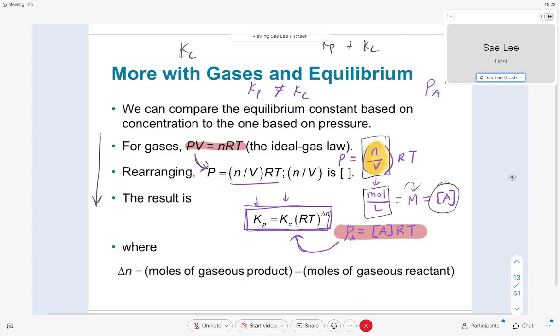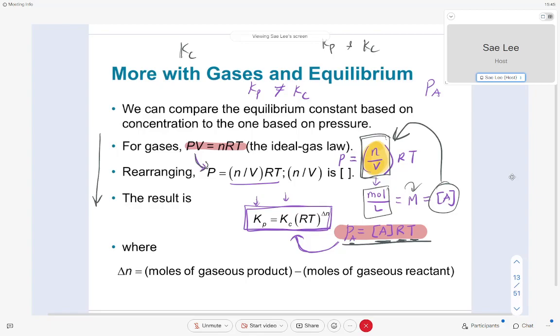So if we substitute this, we have this expression: partial pressure of compound A equals the concentration of A times RT. R is the gas constant and T is the temperature.